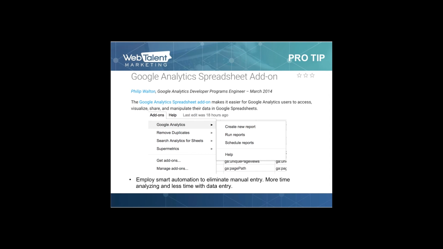So you can set this up, we call it smart automation, where it will send the data from Google Analytics into the spreadsheet, and you can update this hourly, weekly, daily, monthly. They provide you a lot of benefit and a lot of options, and you can set the time you want this to update.